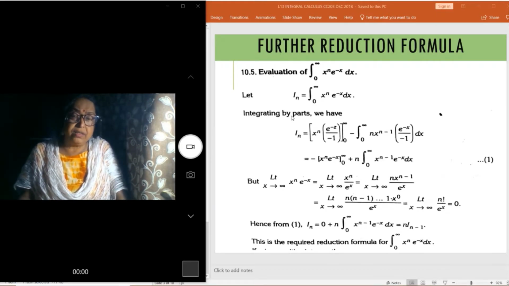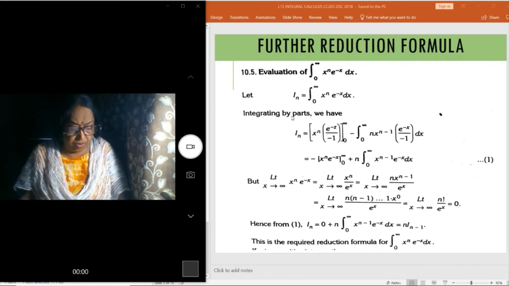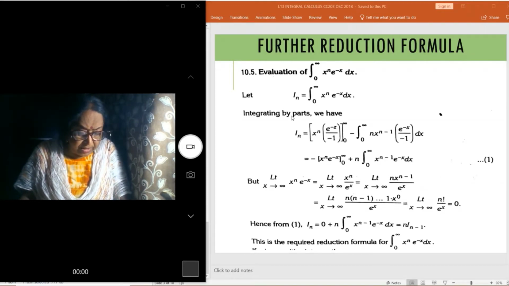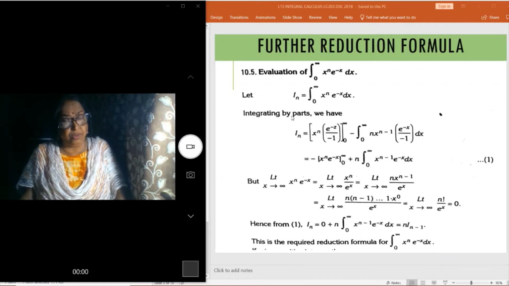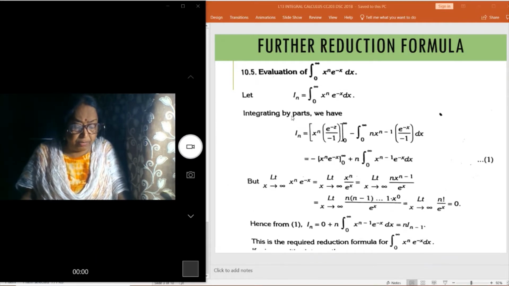Then if it is not available in the first differentiation, then go to the second differentiation and so on. Here also we did the same thing. First, one-time differentiation gives n x to the power n minus 1 in the numerator, and in the denominator e to the power x.